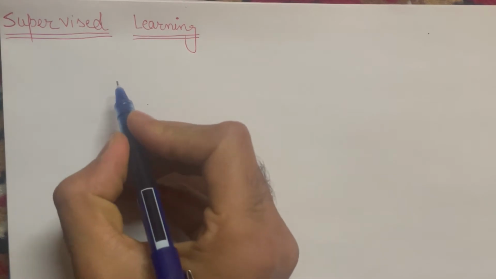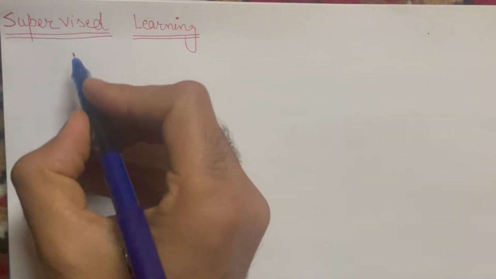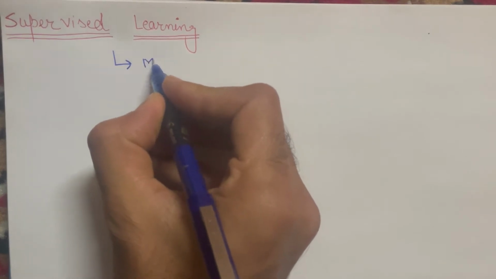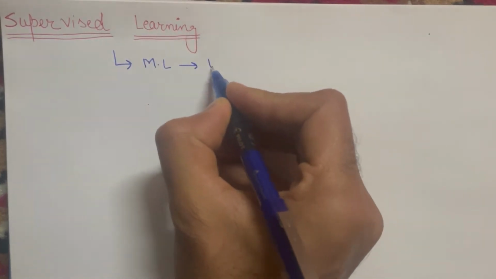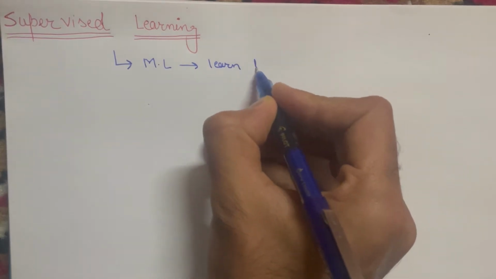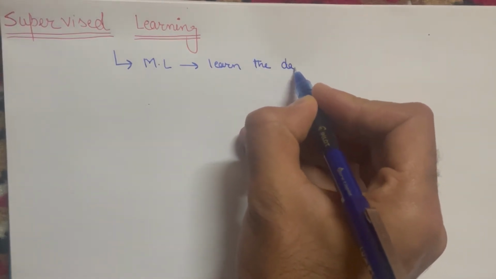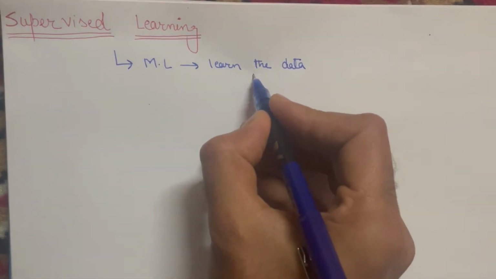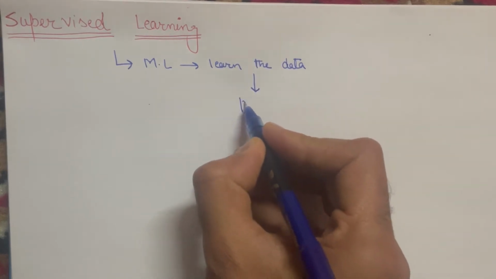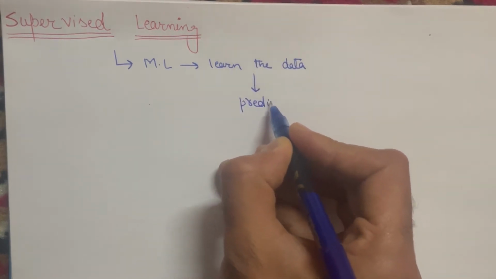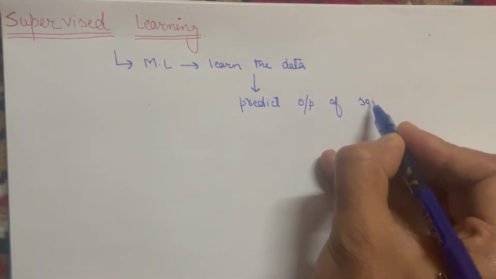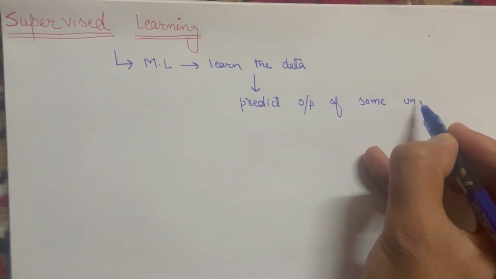So in this particular video lecture, we will start the discussion about supervised learning. Basically, our aim in machine learning is to learn the data, or we can say learn the patterns in the data, and then after learning the data we will predict output of some unknown data.